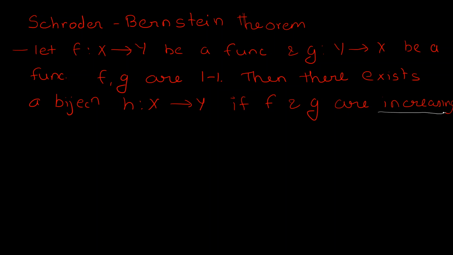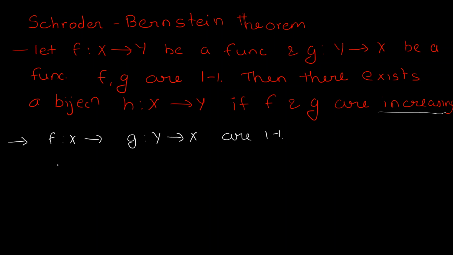Okay, so now let's see what it says and how to prove this. Now f is from X to Y, g is from Y to X, and both are 1-1.